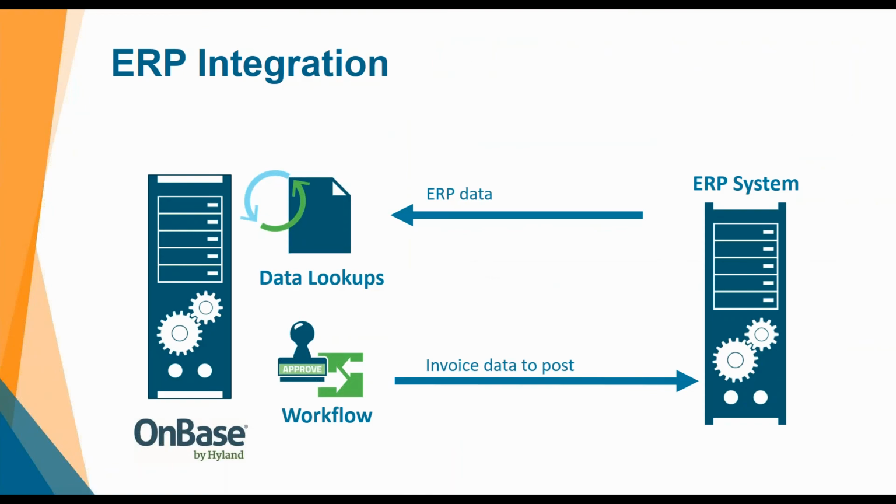There are also deeper levels of integration available within OnBase. Using tools like APIs or custom purpose-built integrations, we are able to have more real-time bi-directional communication between OnBase and your ERP system. This level of automation and integration does include more customization than the tool I just showed you.